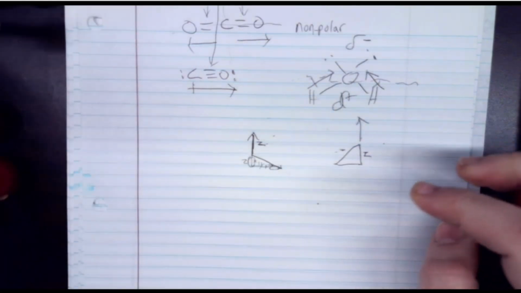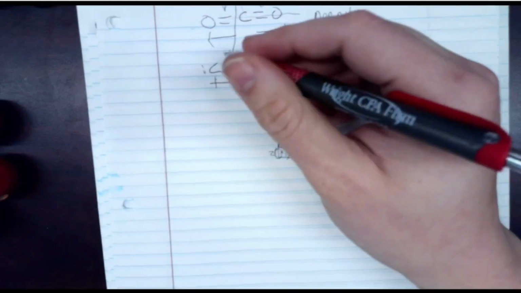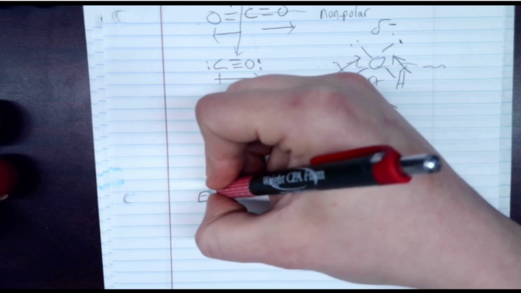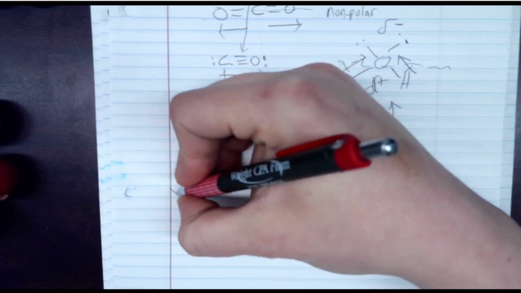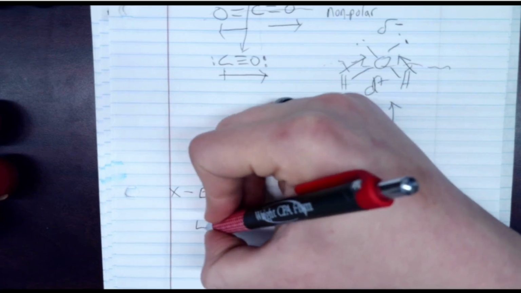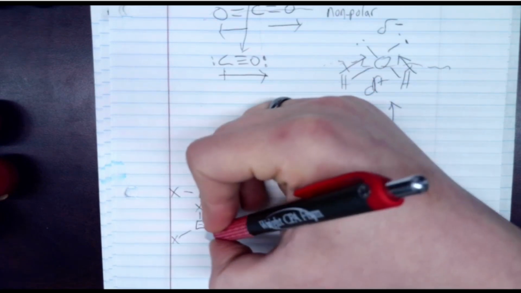So I'm going to draw our basic structures, and we'll mention this in lab next week. But these guys are our highly symmetrical structures. I'll bring it up again in lab.